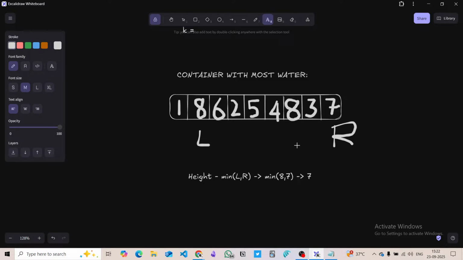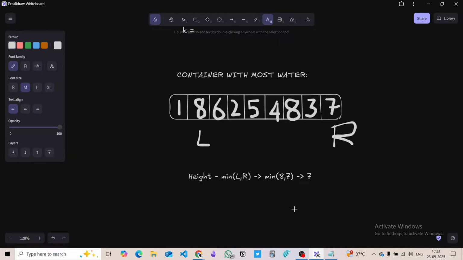So why we need to choose the minimum is, so the water can be held by the minimum only. If it's the maximum, it spills on one side of the container, right? So the container should be at equal height. So for that we just take the minimum.